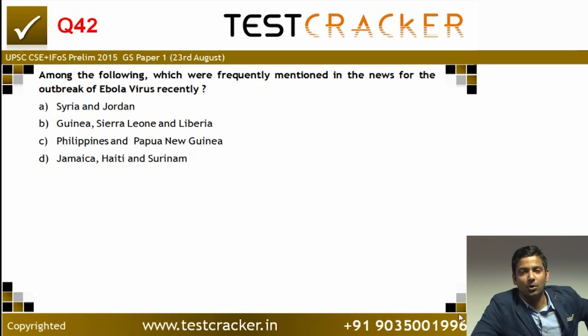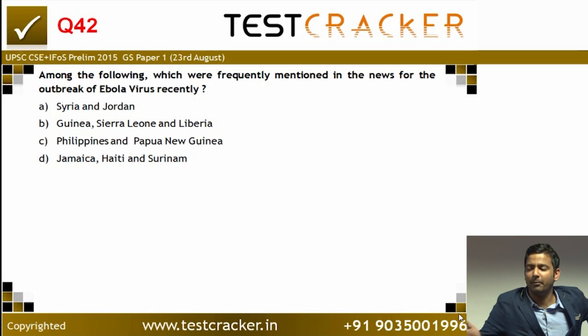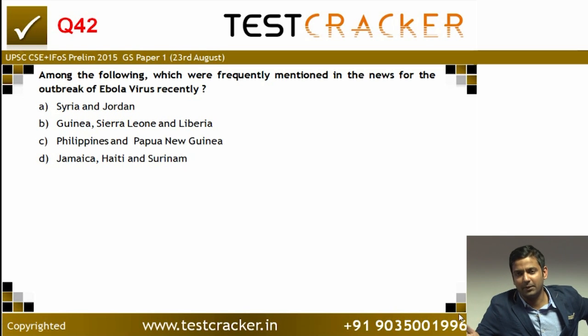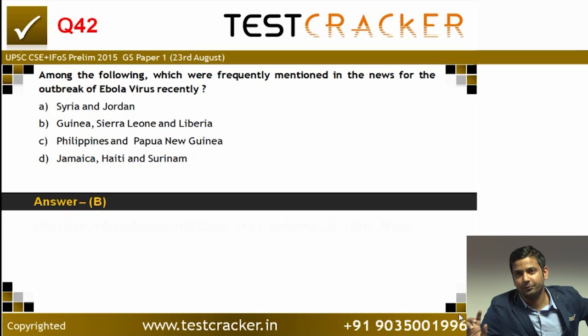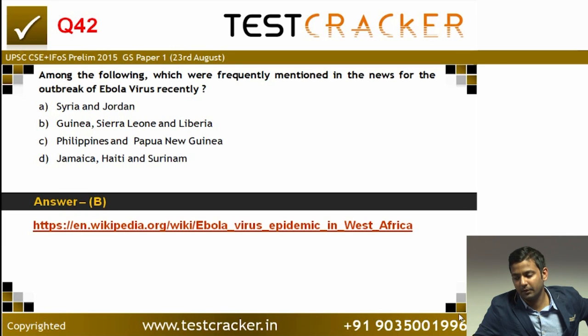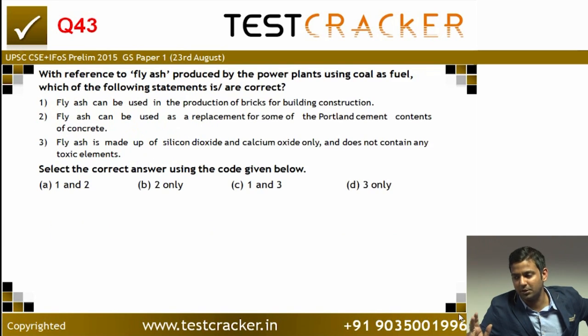So we are talking about countries in West Africa, and straight away you would simply remember Sierra Leone or Liberia. Liberia was again in the news a few days ago that another case was found with Ebola. So you know the answer is B. One of the easiest questions.